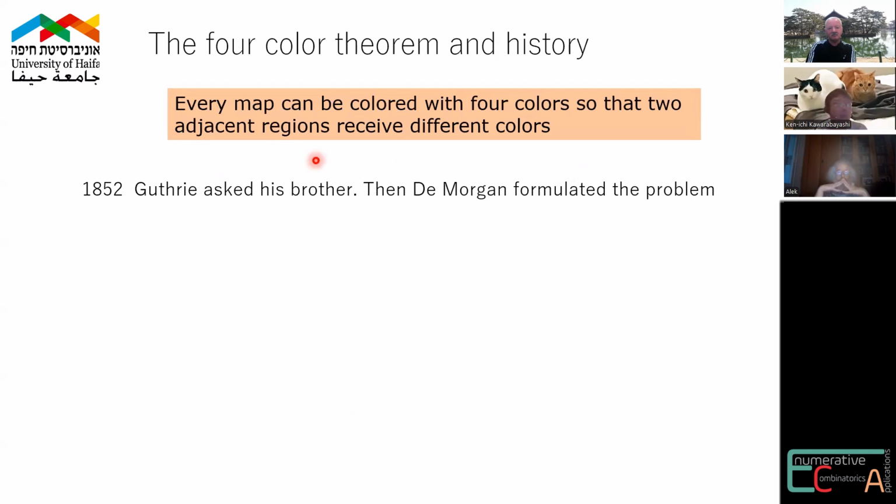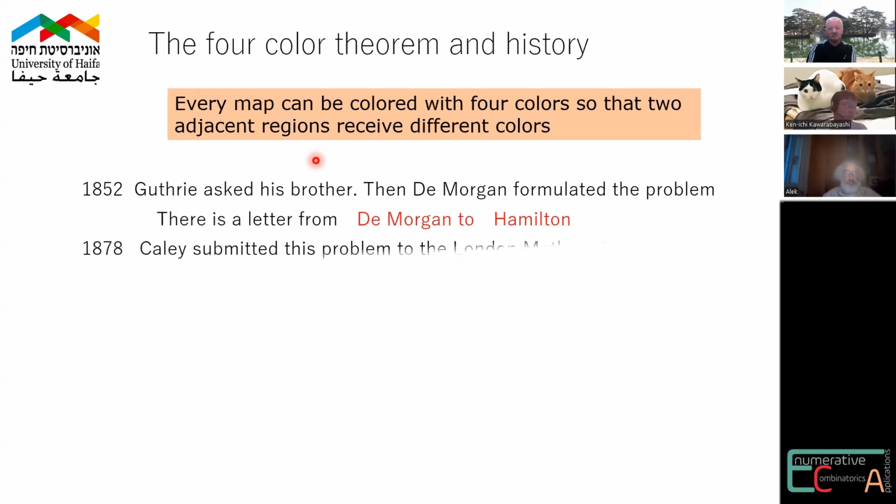There were no exceptions that they found. So they thought that maybe four is enough. Then De Morgan formulated the problem, and there's a letter from De Morgan to Hamilton around 1852.